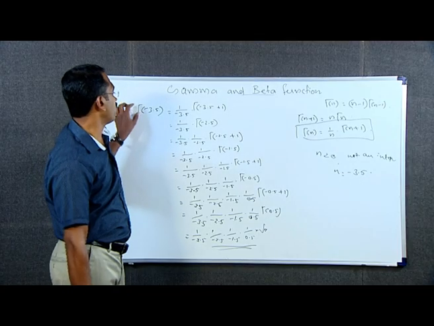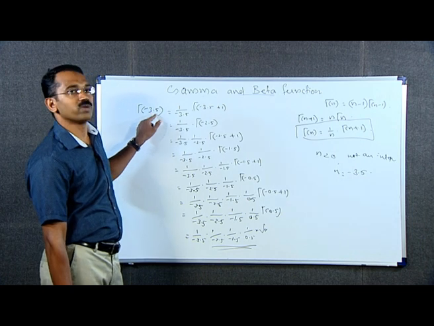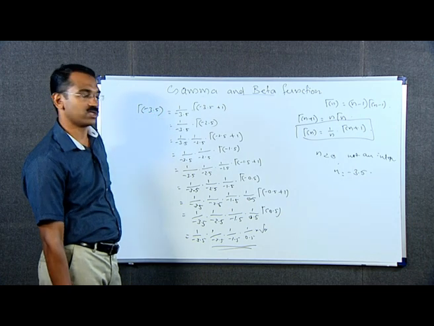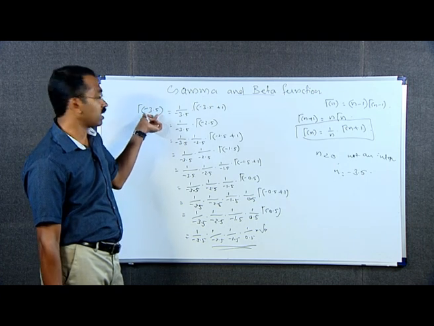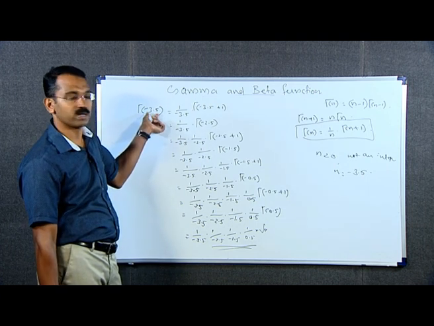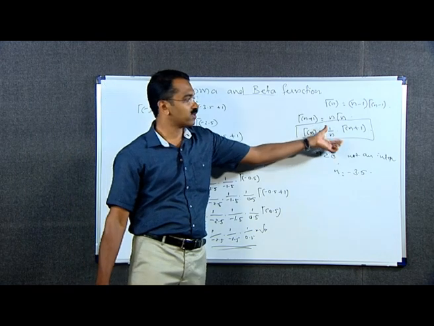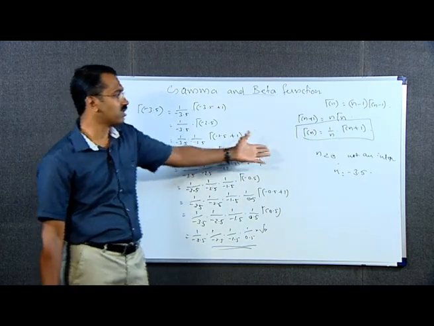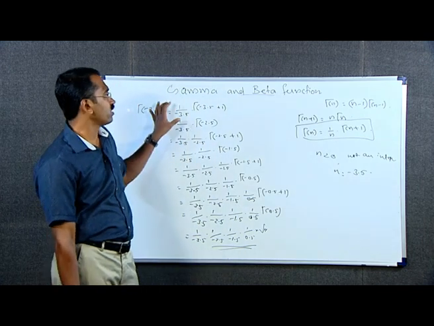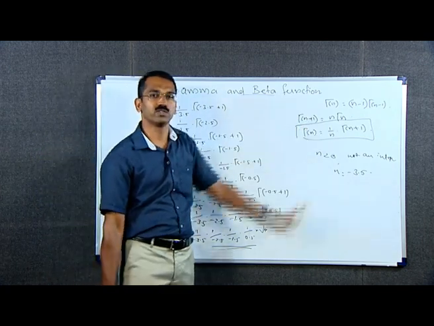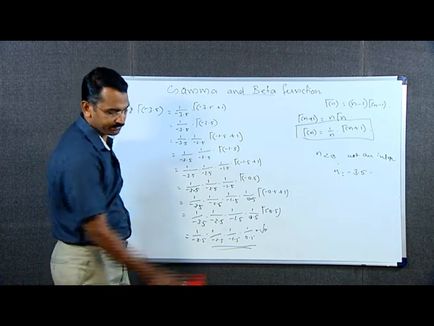Here minus 3.5 is a negative fraction, and gamma of minus 3.5 can be evaluated using this relation. In general, if n is a negative fraction, we can use this relation to evaluate the corresponding gamma.